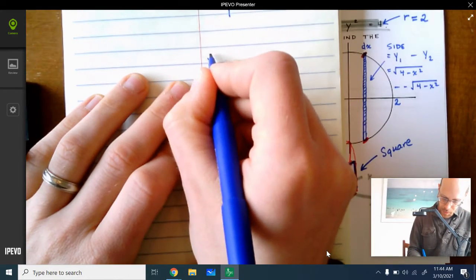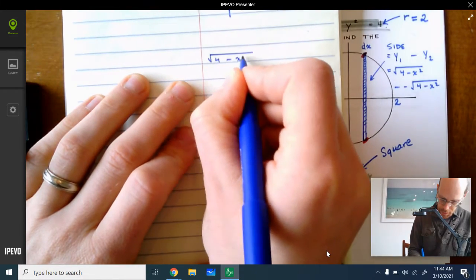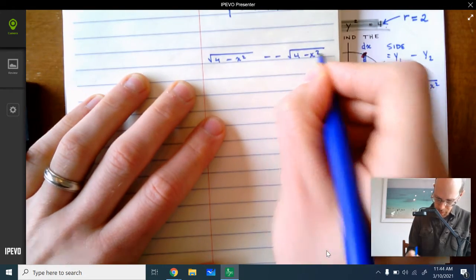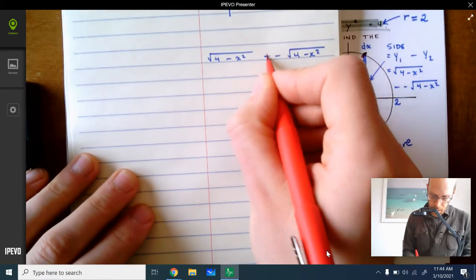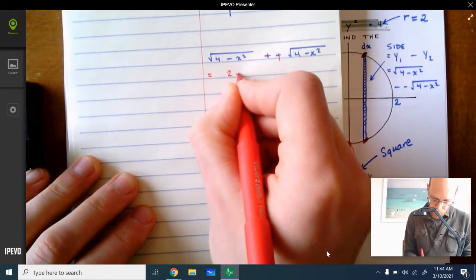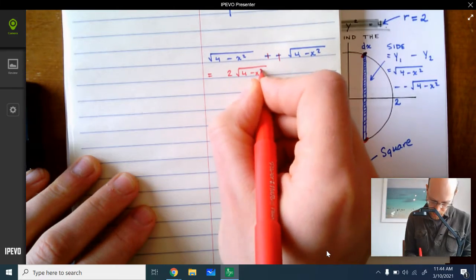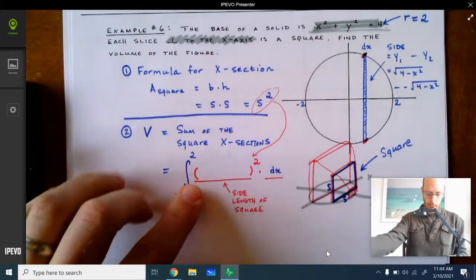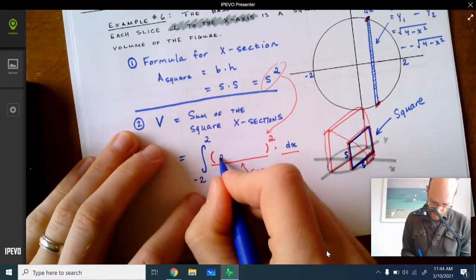If you have the square root of 4 minus x squared minus negative square root of 4 minus x squared, obviously those are going to become positives, and since we have two of them, it is equal to 2 times the square root of 4 minus x squared. So that right there is what I'm going to put in for the side length.